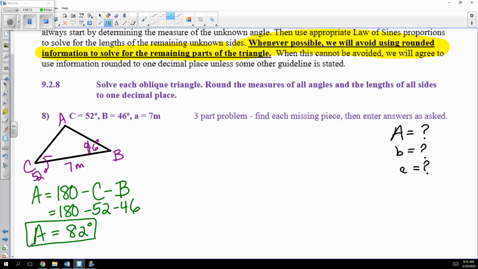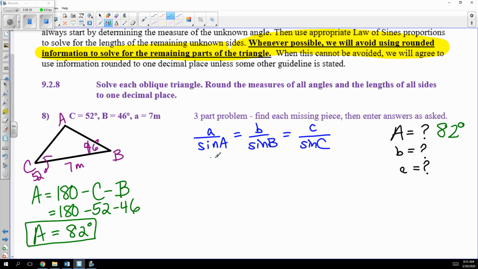So we already have one answer. That's 82 degrees. Now we got to find side B and side C. So again, if I want to find side lengths, then the form of the law of sines that I'm going to use has the side lengths on top. So I'm going to say a over sine A equals b over sine B is equal to c over sine C. And I'm going to plug in everything that I know to this formula.